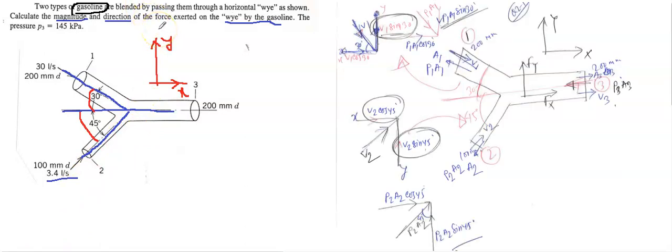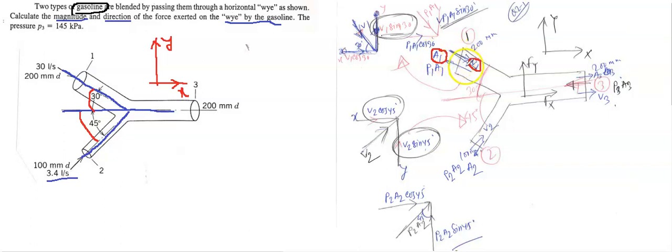Okay, first we need to understand what is happening here. Look at this figure. You may find this a little bit busy, but this is section 1. We know the diameter. The pressure here is p1, the velocity is v1 and the area is a1.